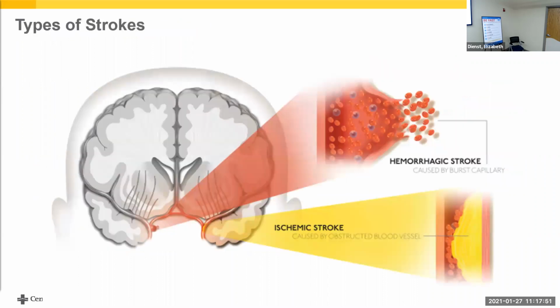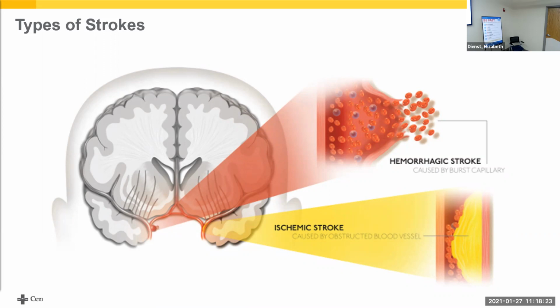The types of strokes, we just kind of went over that. Ischemic and hemorrhagic. What I want you to take away from this is that both of them are medical emergencies and the clock is ticking. We want to make sure that we get them to definitive treatment as quickly as possible. If they have a hemorrhagic stroke, when we get them to the hospital, we are able to do a CT, say that it is, and we can start working on getting their blood pressure controlled, which is very important because it helps reduce the amount of hemorrhage.